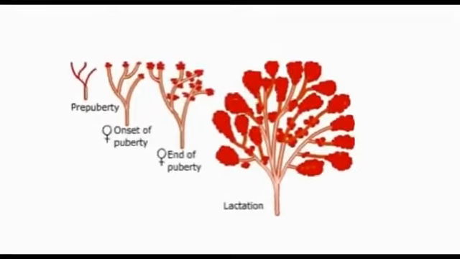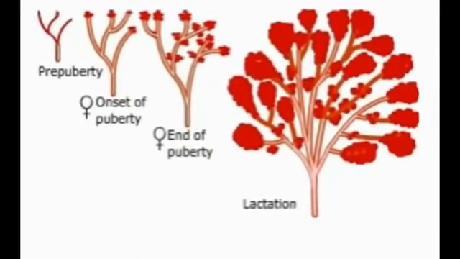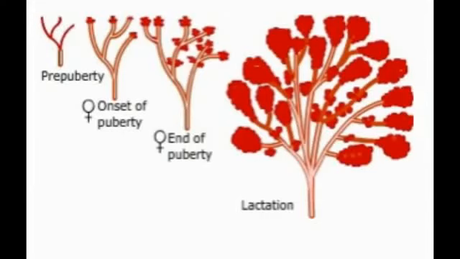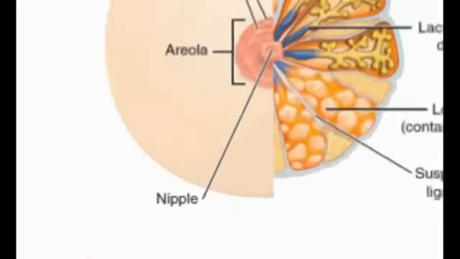So we have the duct system, and the end is alveoles. This is the same organization as in our lung. So the sector of each alveole connects with the ductus and the common ductus, and all these lobes are covered by connective tissue, and above the connective tissue we have the fat tissues.